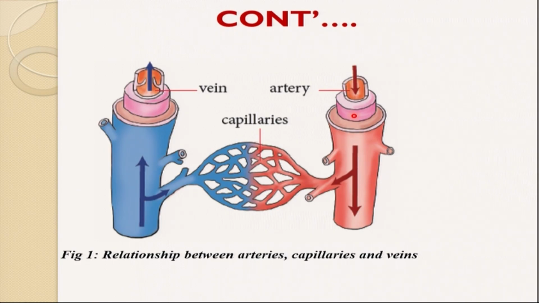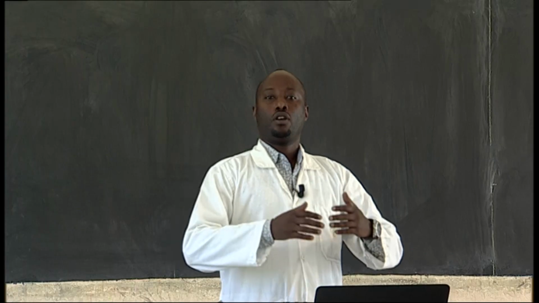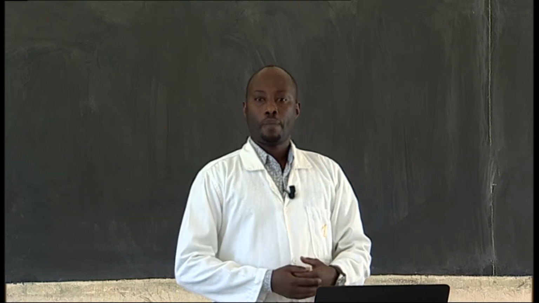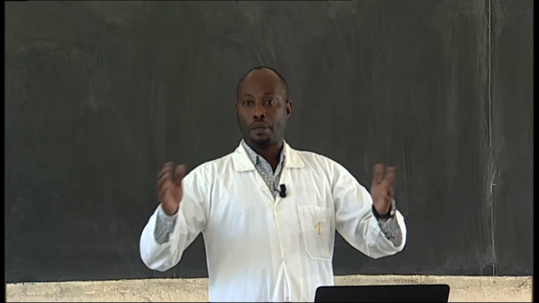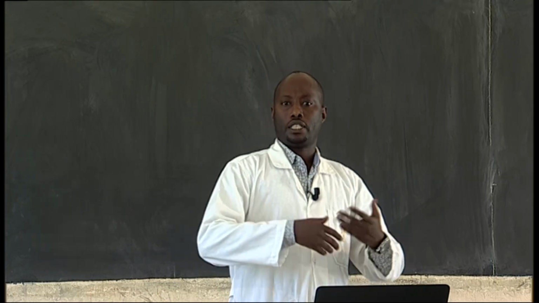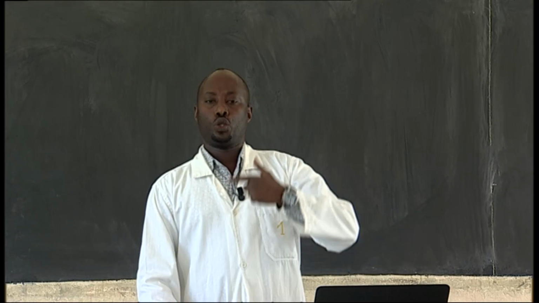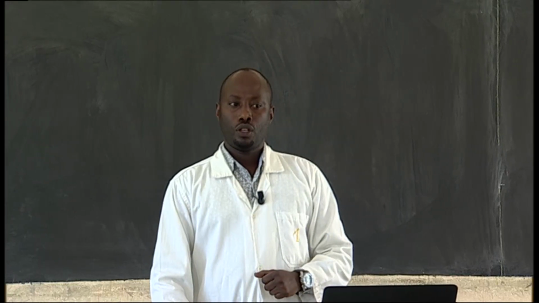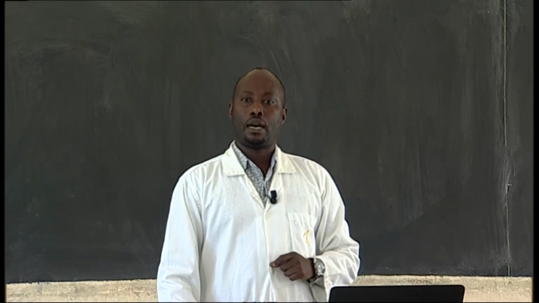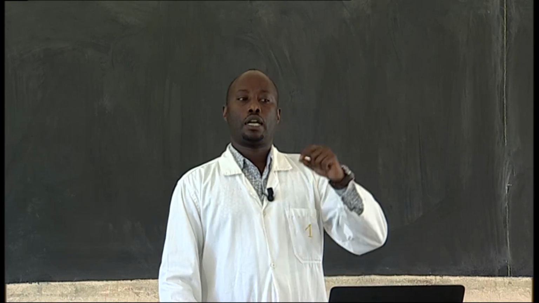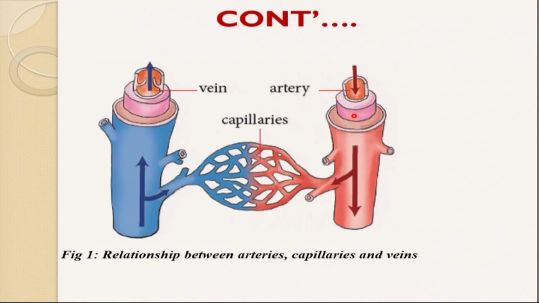I said with capillaries, we have a dense network. The majority of our body is supplied by the capillaries. And the capillaries are very many. They are permeable. If I mention permeable, what does it mean? It means they are able to allow some substances to diffuse into the body. So a dense network of capillaries are permeable. And most of the capillaries are really small in terms of size. All right?